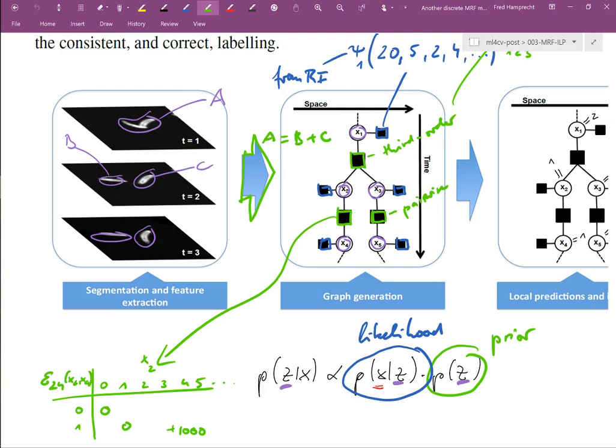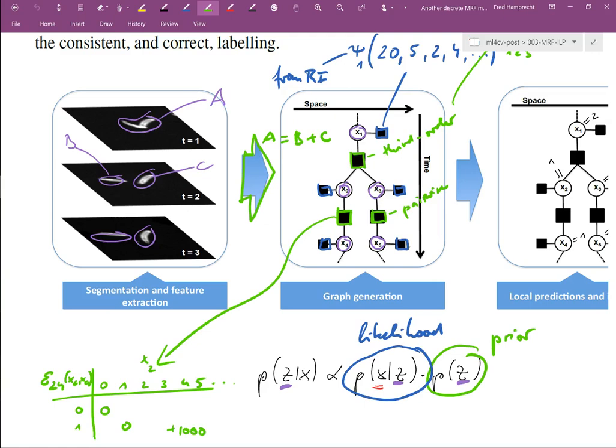Okay, it's a good question. So the model, as it is written here, extends over all of space and time. Which is an advantage and a disadvantage. It is an advantage in the sense that this gives you the best possible estimate. It is a disadvantage in the sense that the computation can become quite costly.